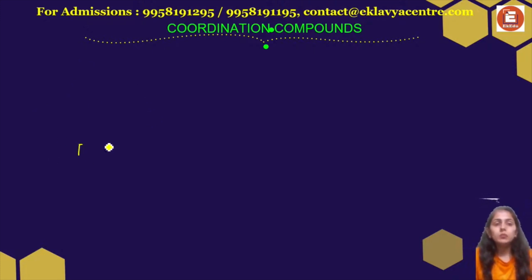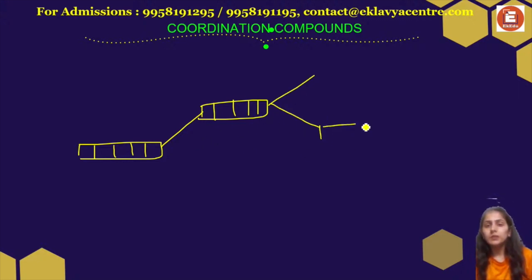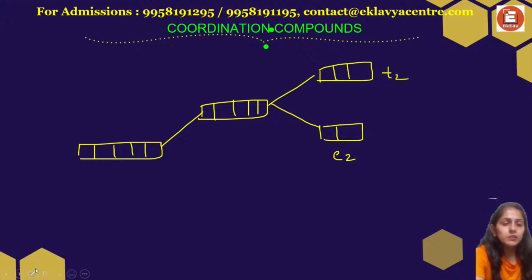So suppose we have these 5 orbitals. When the ligands are very far away, they have simply the same energy. Now what happens here? They are E and T2 orbitals, right? So now what is the energy?